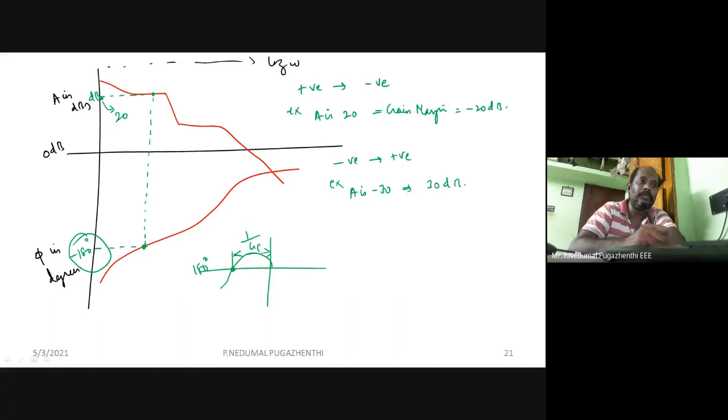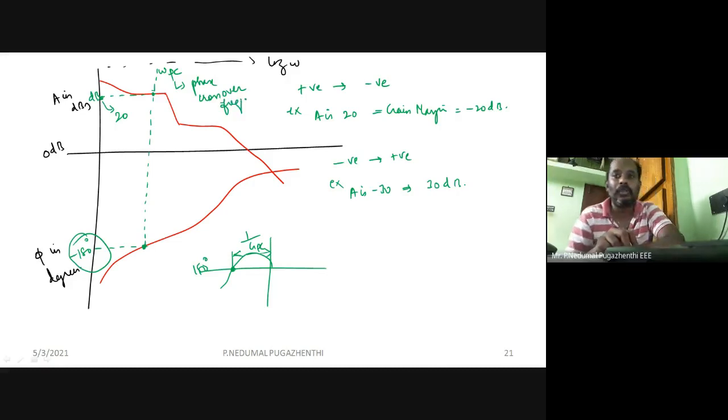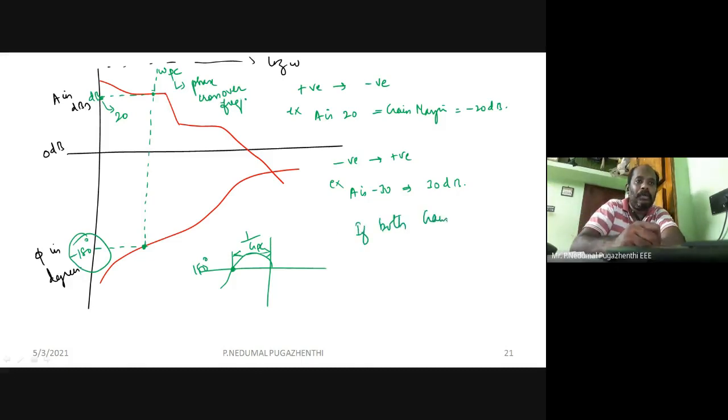Take the inverse of that, and this corresponding omega is called omega PC, which is your phase crossover frequency. If both your gain margin and phase margin are positive, then the system is stable.